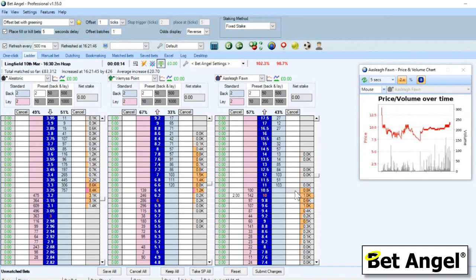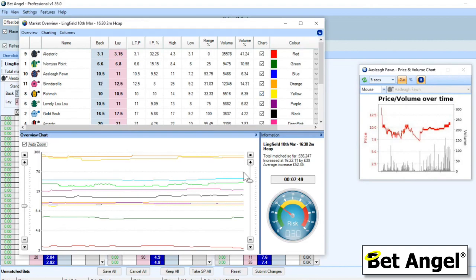So you need to hunt on the ladder or on the market overview screen for something that is potentially being backed. You would come up with a theory on what you think could happen, and then try and look for evidence to support that. So if you can find another runner on any of the charts that looks like it's being backed, that would be quite an interesting thing to see.